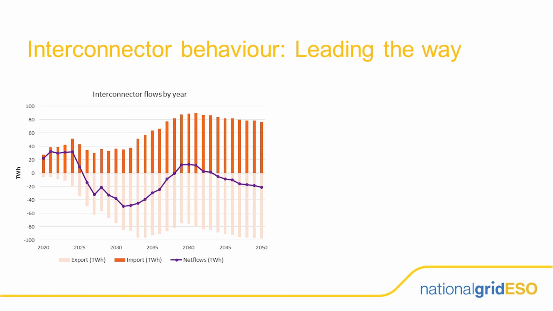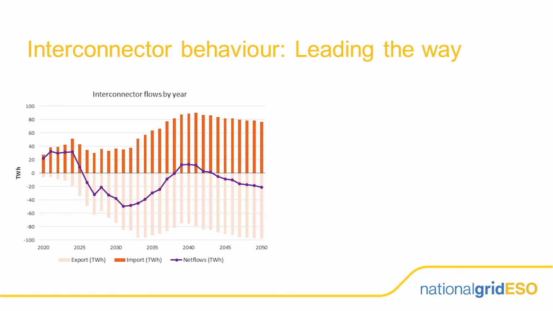Now, one thing to note is that as the net flows return to zero in 2038, the use of the interconnectors is very different from when net flows were close to zero in 2025. As the bars show, the volumes of energy traded throughout the year has approximately doubled.